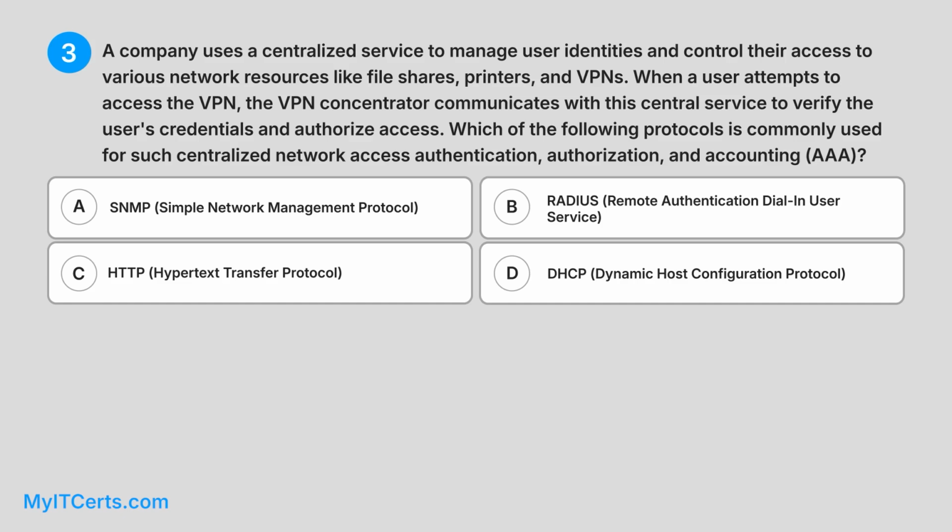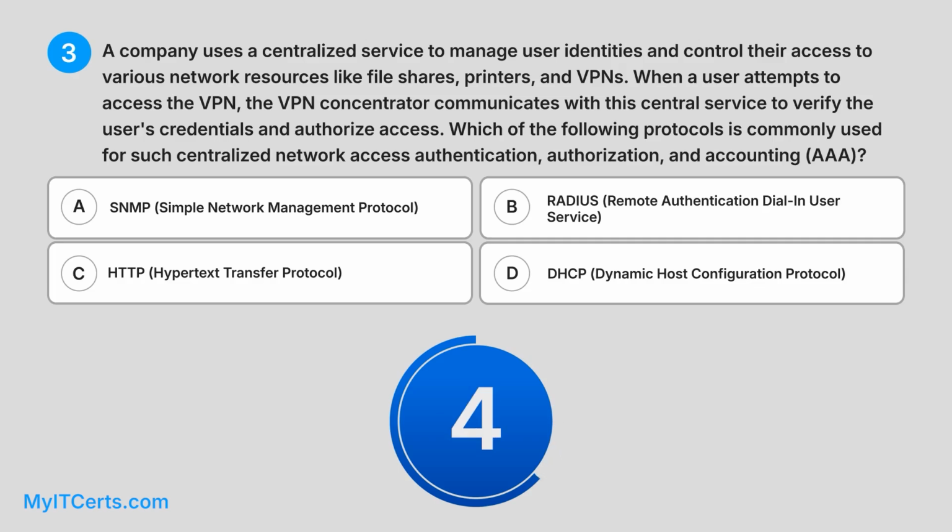Which of the following protocols is commonly used for such centralized network access authentication, authorization, and accounting, AAA? A. SNMP, Simple Network Management Protocol. B. RADIUS, Remote Authentication Dial-In User Service. C. HTTP, Hypertext Transfer Protocol. D. DHCP, Dynamic Host Configuration Protocol.